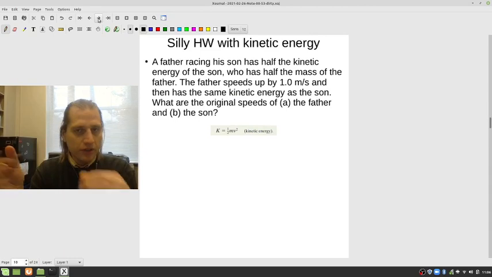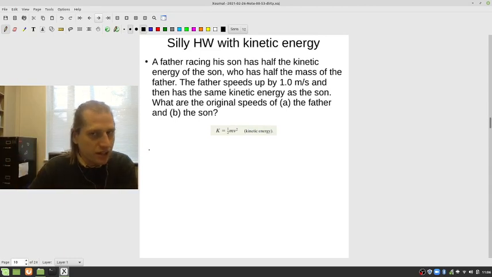This is a little bit of a silly problem because it doesn't have any physics to it. It just has you use the ideas of kinetic energy. It says, a father racing his son has half the kinetic energy of the son. So we've got 1/2 m dad v dad squared, that's the kinetic energy of the dad, and he has 1/2 the kinetic energy of the son.